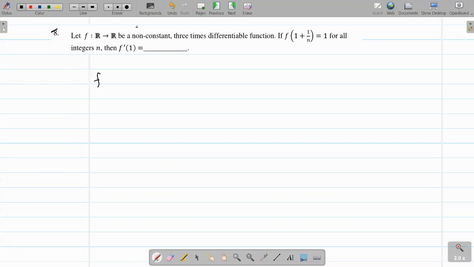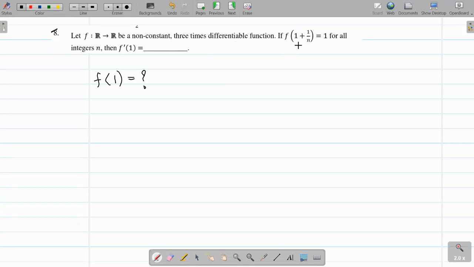First of all, can you guess f of 1? What will be f of 1? Fine, because differentiability is always going to guarantee continuity.